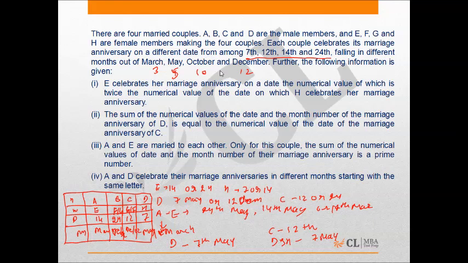In order to maximize the sum of the date and the month number of the marriage anniversary of F, we should consider that C is married to F and they celebrate their anniversary on 24th of December. In that case, the sum of date and month number would be 36, which is not in line with the given information, so it is not possible in the second scenario.